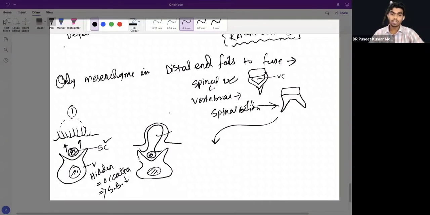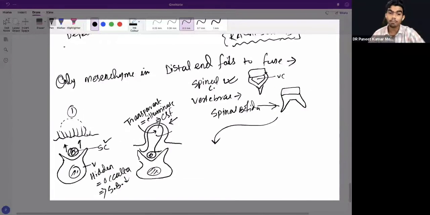Then, if you illuminate a light here, this fluid will look transparent. This bulge will look transparent, or this will illuminate, because this is filled with CSF and no solid structure is present here.